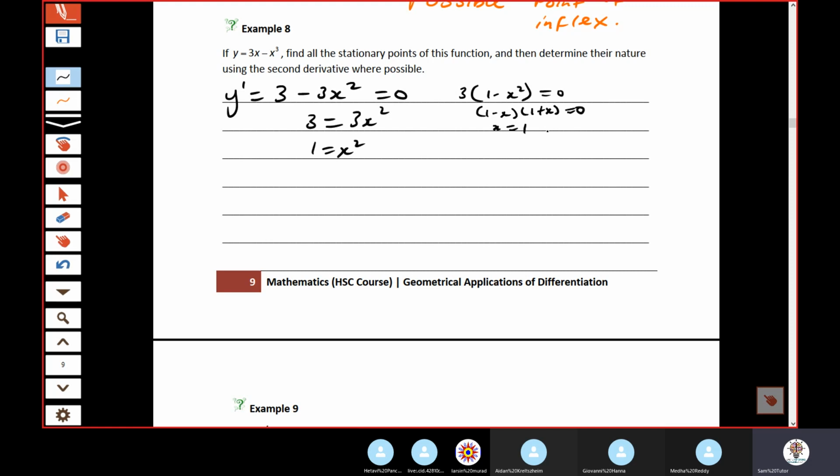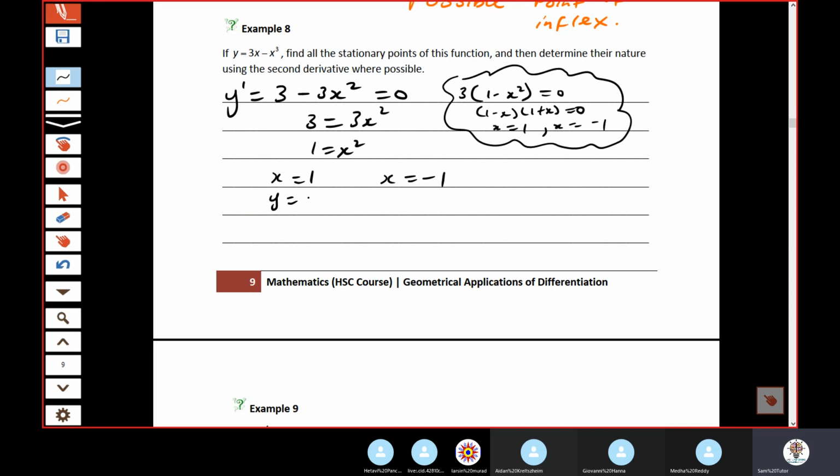We would have still got x equals 1 and x equals negative 1. What do we do now? Now that you found x, subbing in, find y.